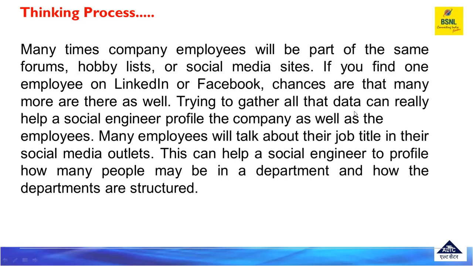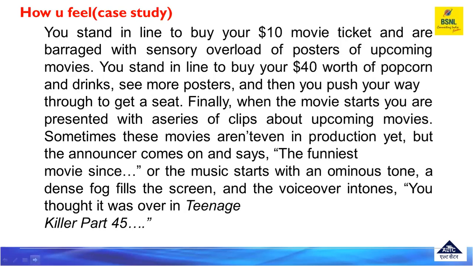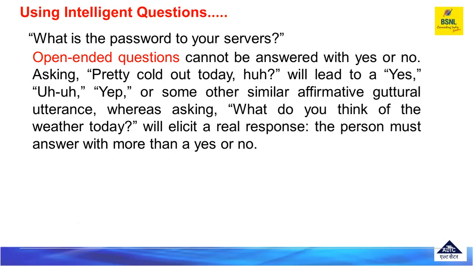Trying to gather all that data can really help a social engineer profile the company as well as the employees. Many employees talk about their job title on their social media outlets. This can help a social engineer profile how many people may be in a department and how the departments are structured. So like that we can get the information.